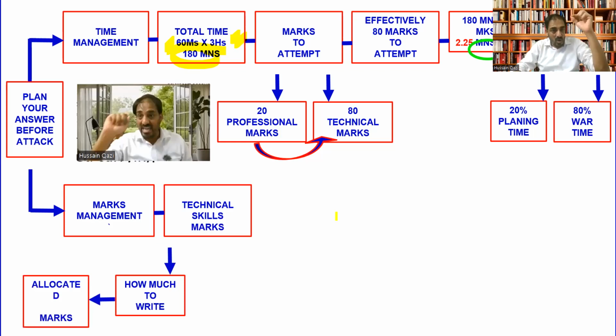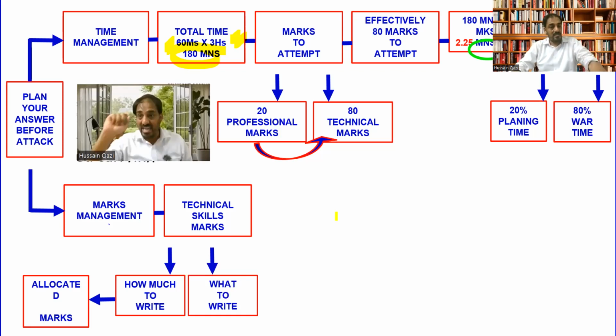Do remember, always write the answer according to the marks. If something is 5 marks, you have to write the answer according to the 5 marks. If something is 8 marks, you have to write the answer according to the 8 marks. So plan your answer according to the allocated marks.